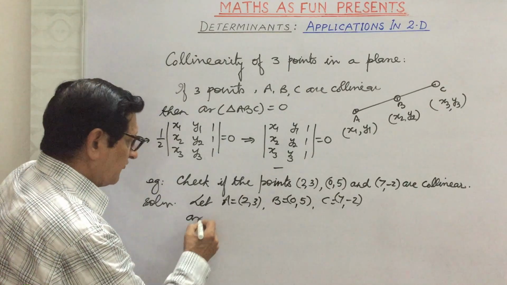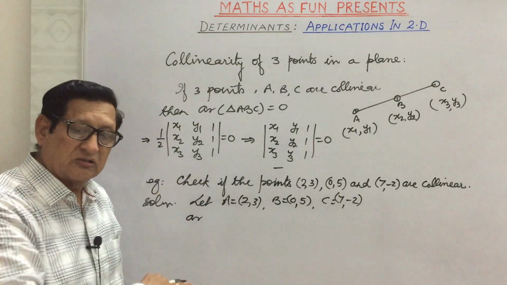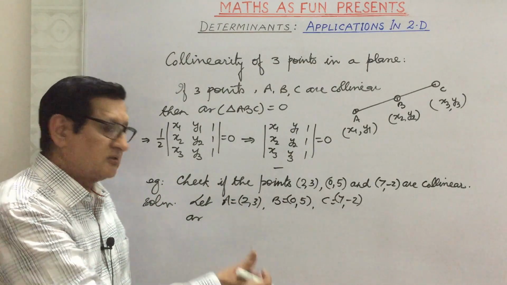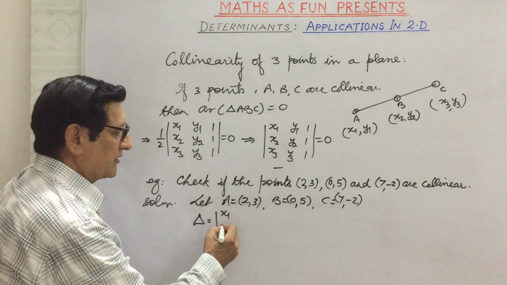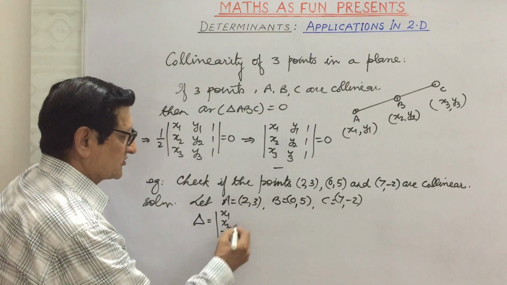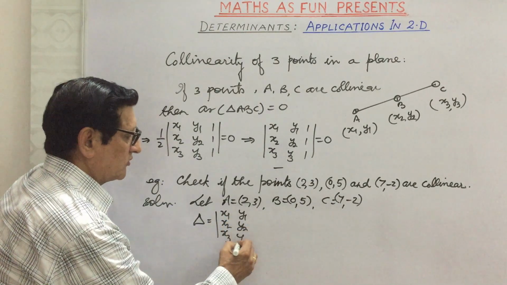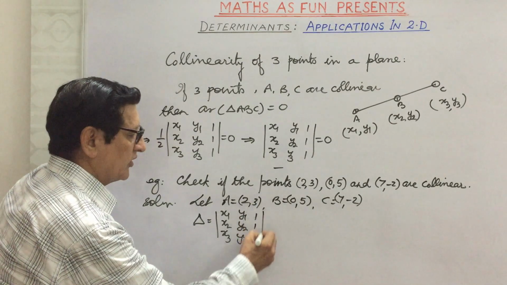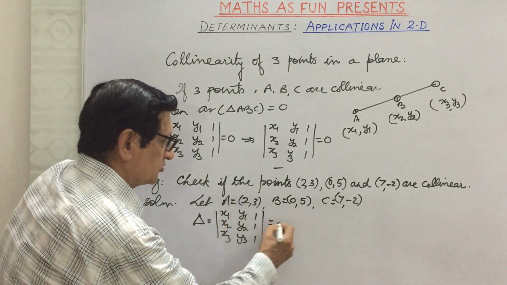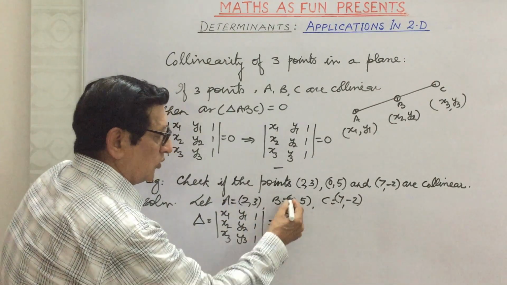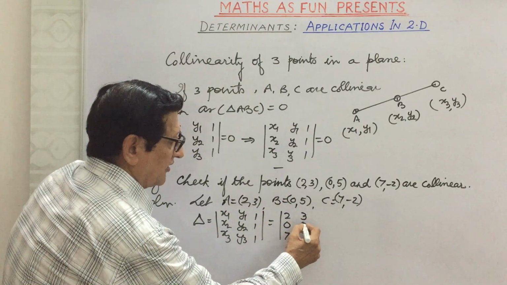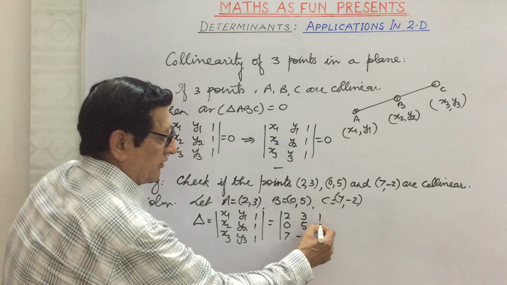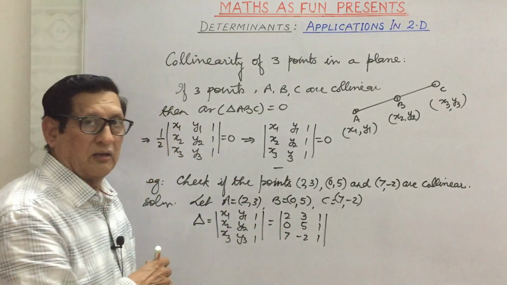What is the area of triangle ABC, or generally the value of the determinant? If we go for the determinant only, we can say delta is x1, x2, x3, y1, y2, y3, 1, 1, 1. Substitute the values. That is 2, 0, 7, 3, 5, -2, 1, 1, 1.